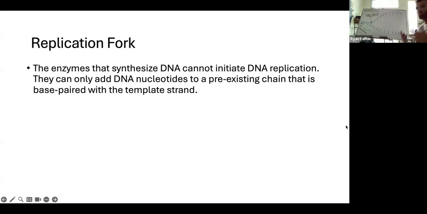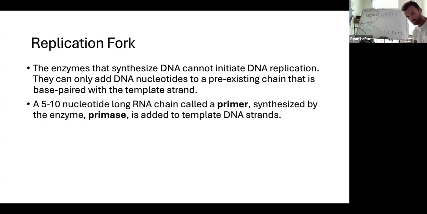So what enzyme can initiate things? It's called primase. And so primase, we'll use red, is actually going to get things going here. It's going to start things off. It's going to prime our strand. And it does that by adding this primer.